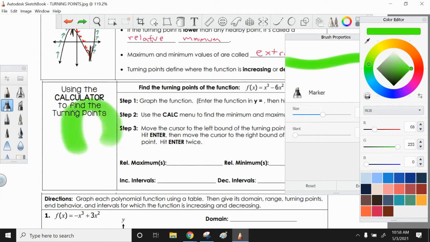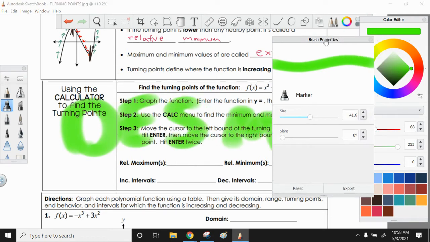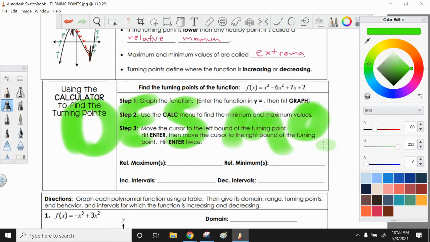Here's what we're up to here. Desmos. We don't need to do any of this that they're saying. We're doing Desmos. We don't need to use the graphing calculator.